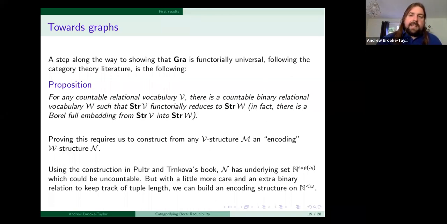That's awkward if you've got a countably infinite vocabulary with unboundedly large relation arity. But hopefully it's immediately plausible that with just a bit more care, we add in one extra binary relation to keep track of the tuple length, and then we can build an encoding structure in the same way.